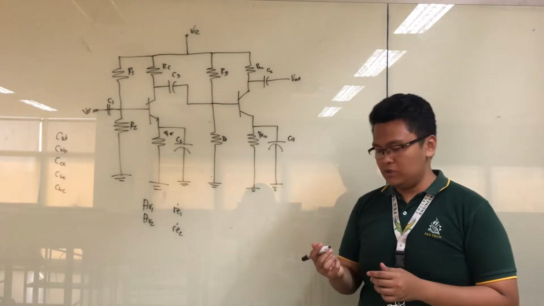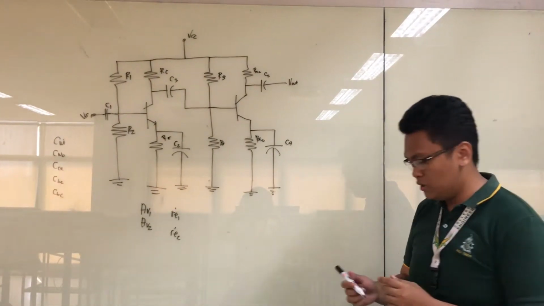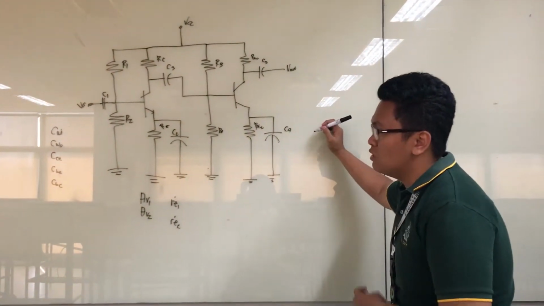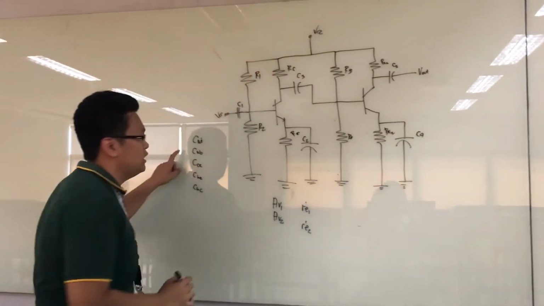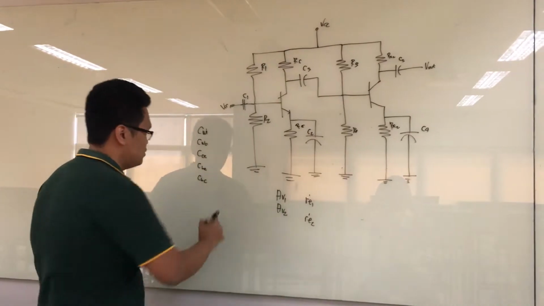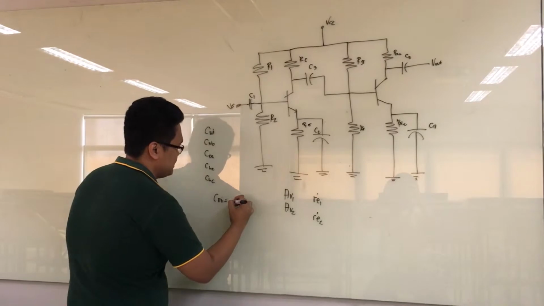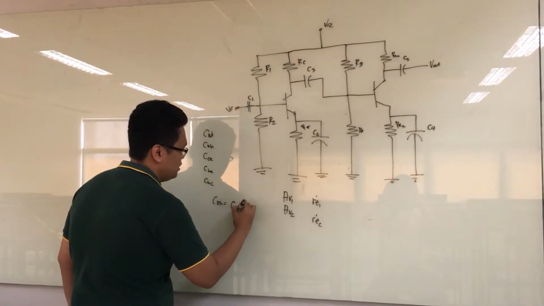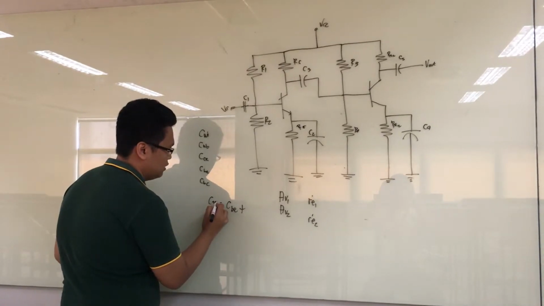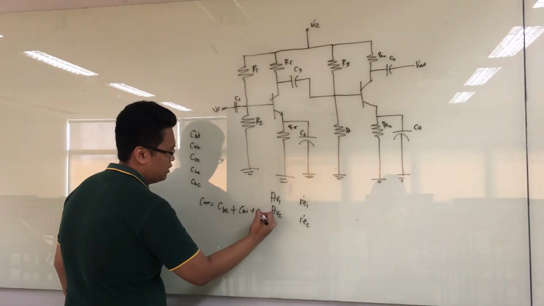So today I will be discussing the high frequency response for the second stage. First things first, we have to solve for the Miller input and output capacitances. For input, CMI, normally it is for the CBE, for the C total, CBE plus CWE wiring plus the Miller input.